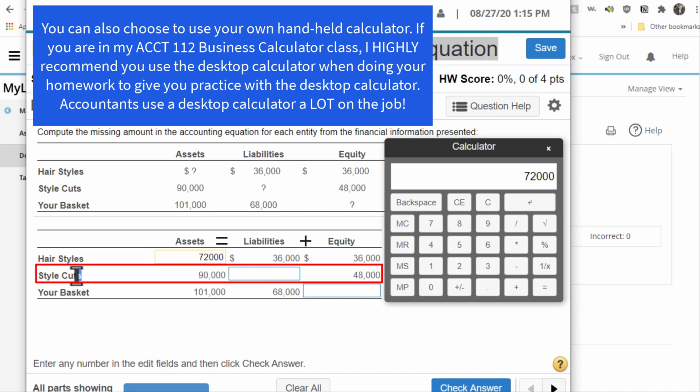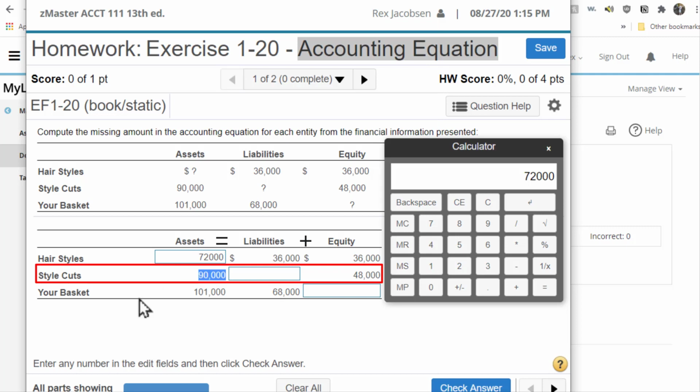All right, let's look at the next company. Style Cuts has $90,000 of assets. We don't know how much their liabilities are. However, we do know that the equity is $48,000. What this $48,000 means is, of the $90,000 of assets, the owner owns $48,000 and the bank owns the rest.